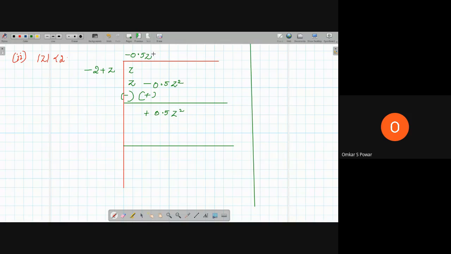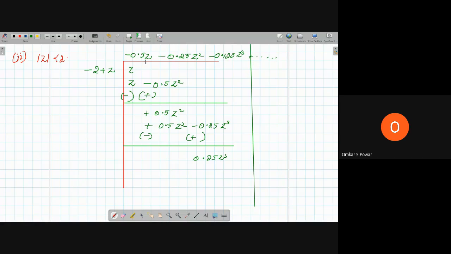In order to get 0.5 z square, you have to multiply by minus 0.25 z square. Multiplying that, you get 0.5 z square and minus 0.25 z cube. Again change the sign, so this term cancels off. Here you get 0.25 z cube. So what do you have to multiply here? Minus 0.125 z cube. So these things you can do.